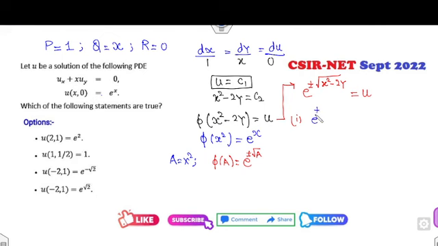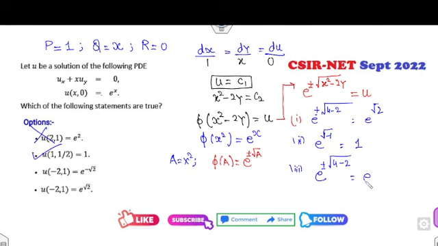Plus or minus root of 4 minus 2, that is root 2. Similarly for the point half comma 1, the value is plus or minus root of 1/4 minus 2.